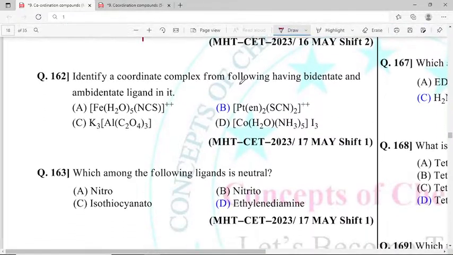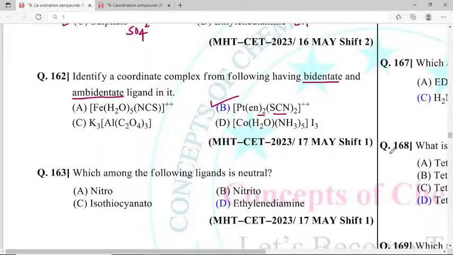Identify coordinate complex from the following having bidentate and ambidentate ligand in it. So this is en as a bidentate and SCN as the ambidentate. So bidentate and ambidentate ligand: Pt(en)2(SCN)2 2 plus.